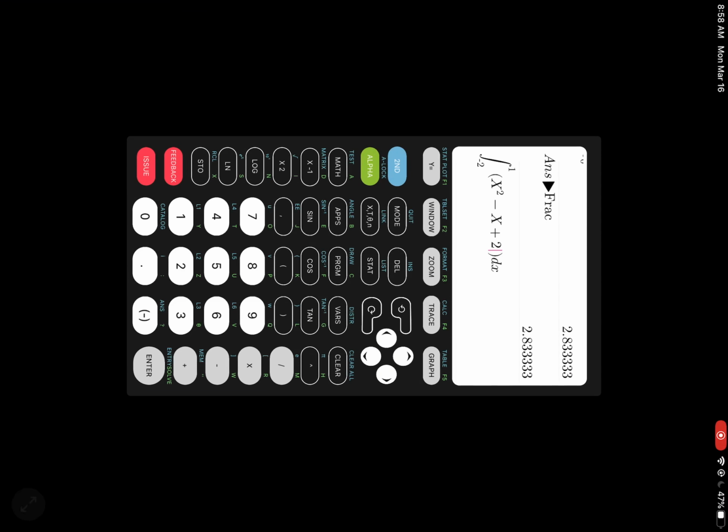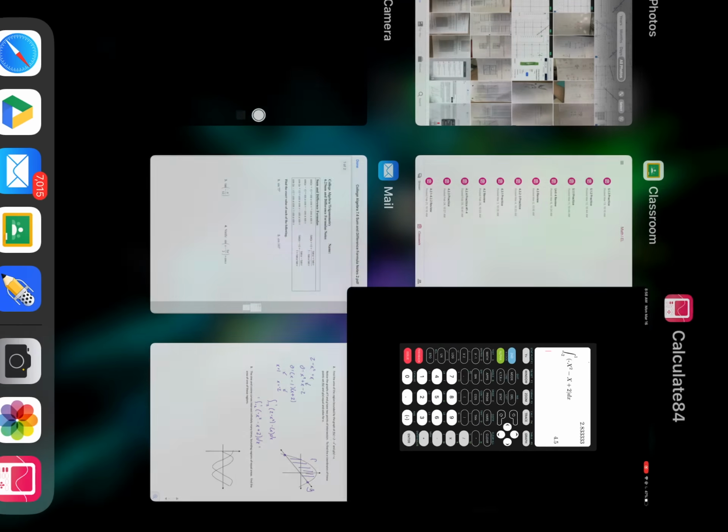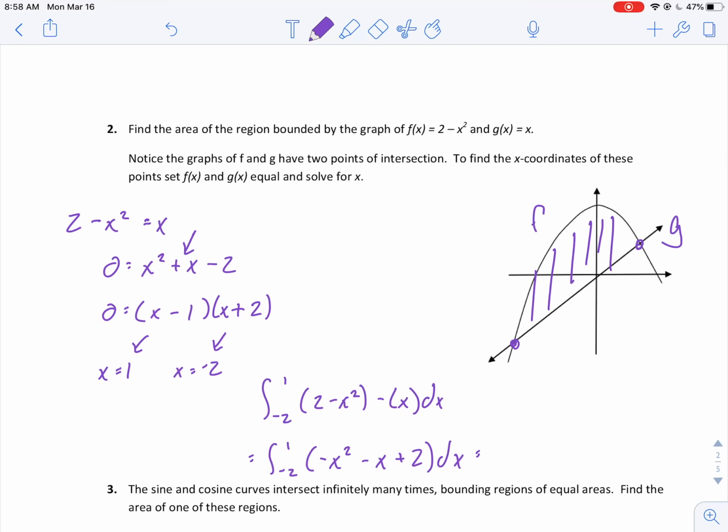So I'm going to go back. There we go. Insert a negative, and my answer is 4.5. So the area between the two curves is 4.5.